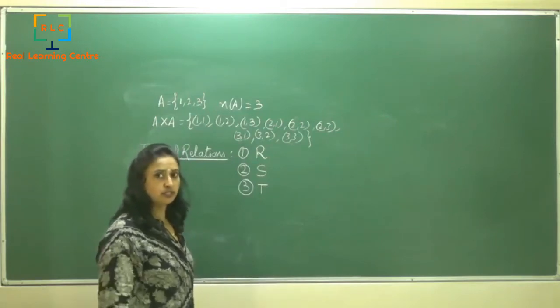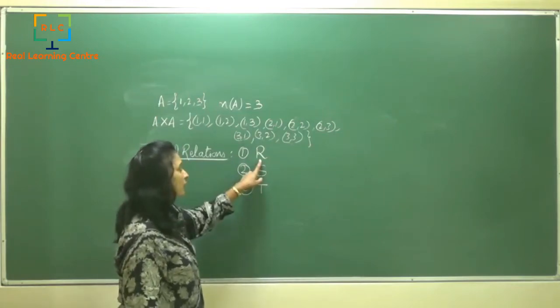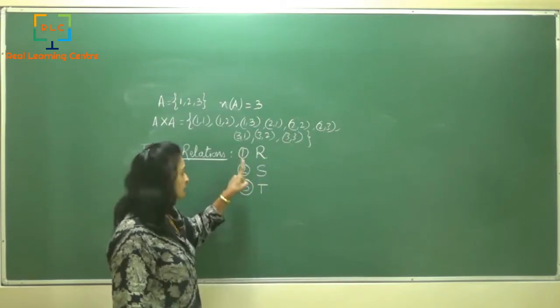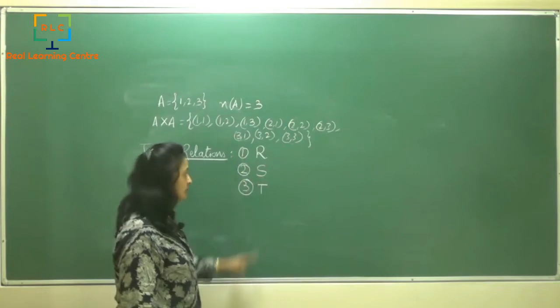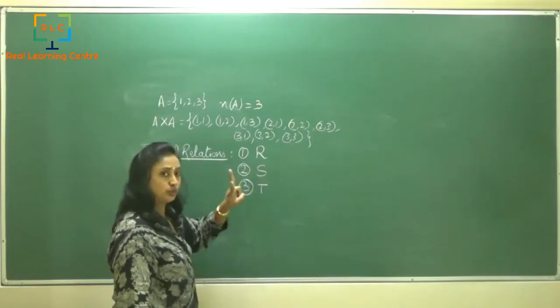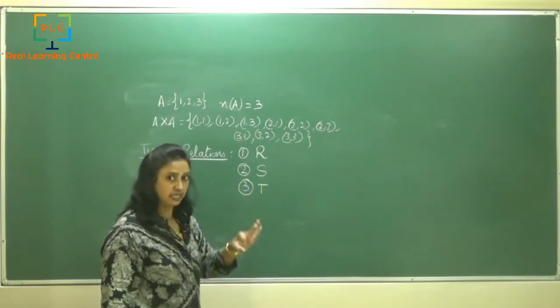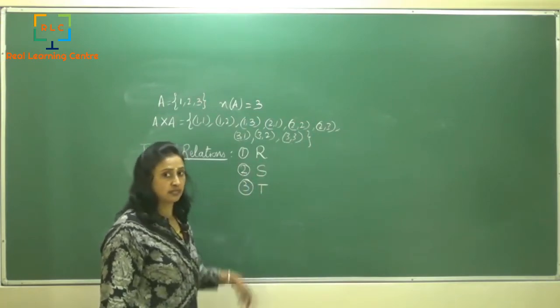And why 1, 2, 3? For reflexive relation we use only one kind of element. For symmetric relation we use two kinds of elements, a and b. For transitive we use a, b, c, three kinds of elements. That is why number 3 is the transitive relation.